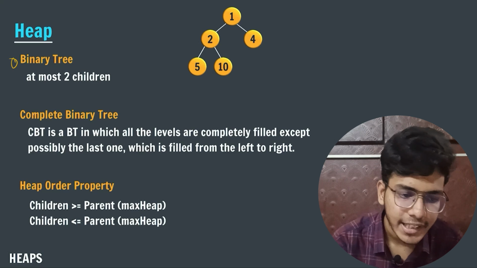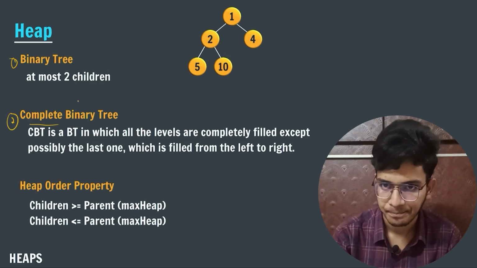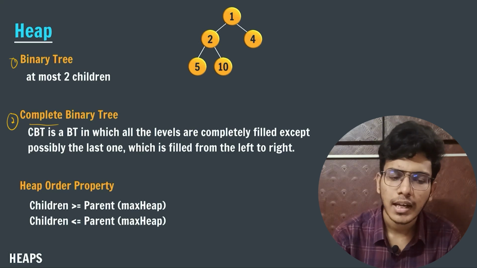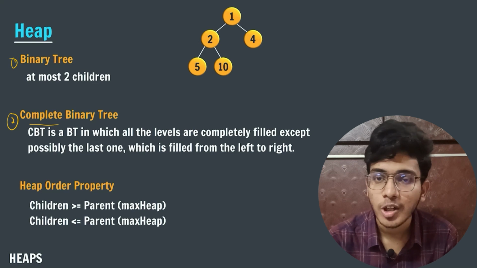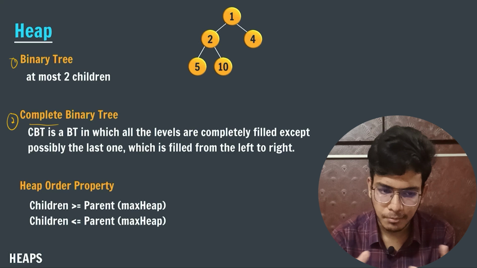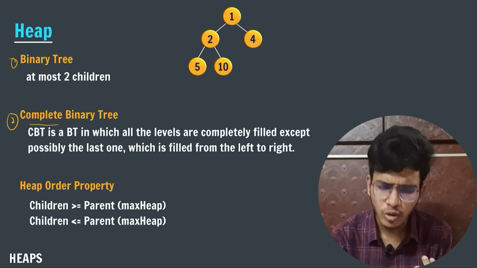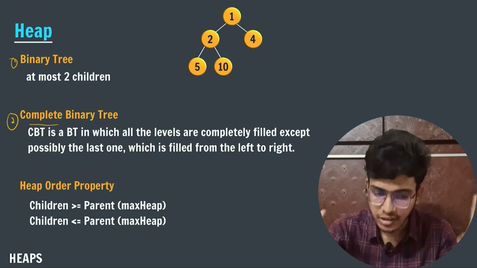Okay, and the second property is it should be a complete binary tree. I think this is the first time you are listening to the term complete binary tree, and I think you haven't heard it. This is the first time we are hearing it, right?